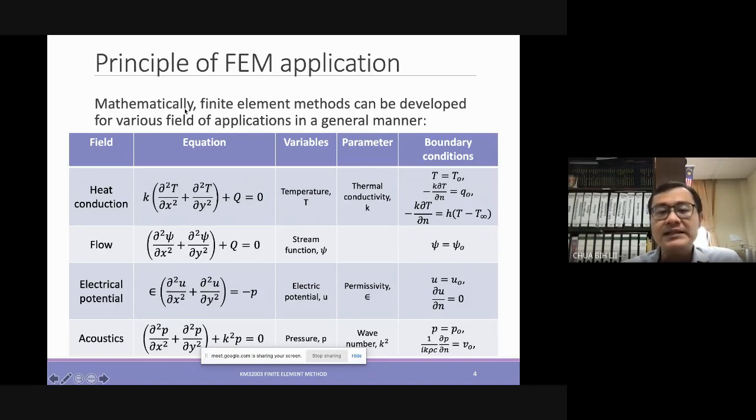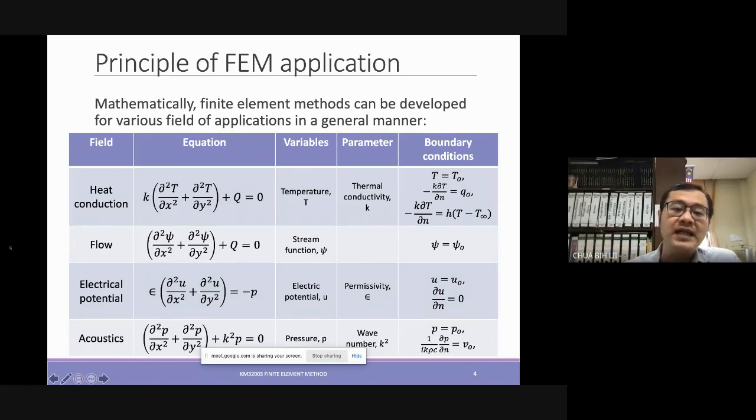Mathematically, the finite element methods can be developed to cater for various types of applications in general. For example, previously we used it for structural. How we can apply it for thermal applications is in the field of heat conduction, because we know that most of the heat is transferred through the solid, not through the air.